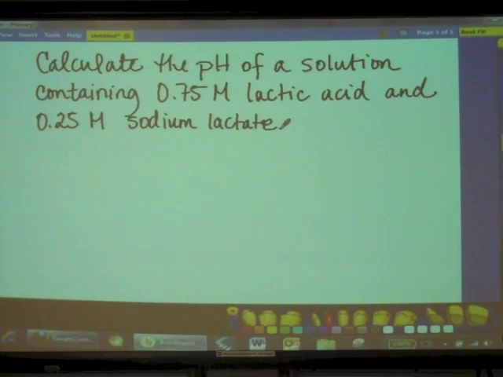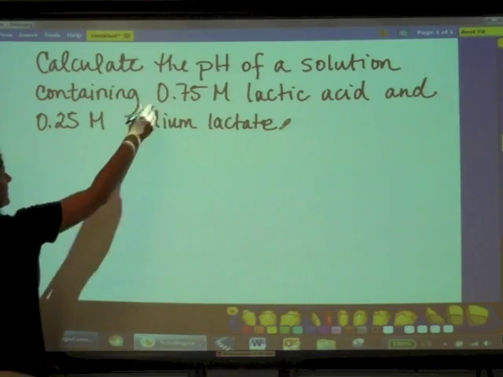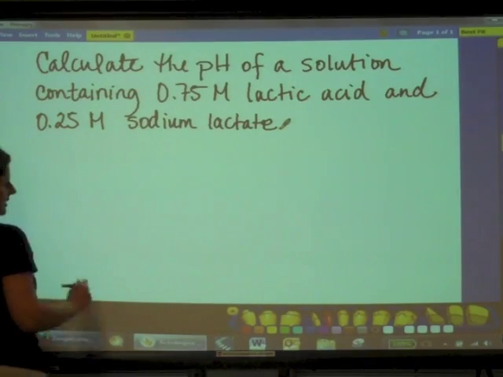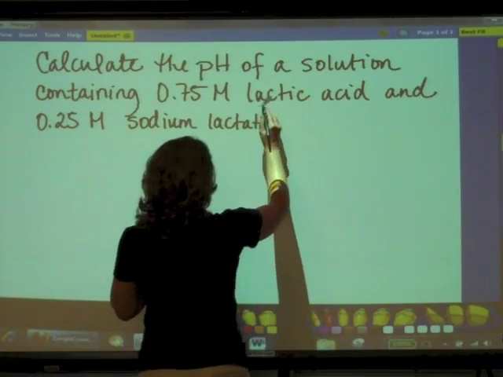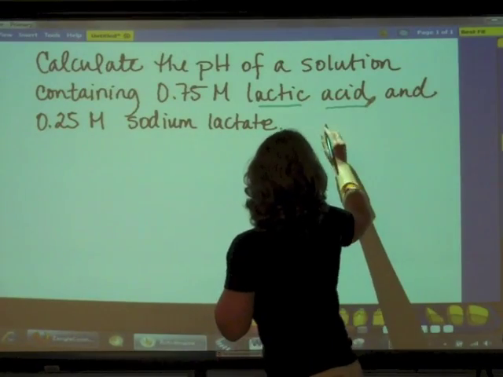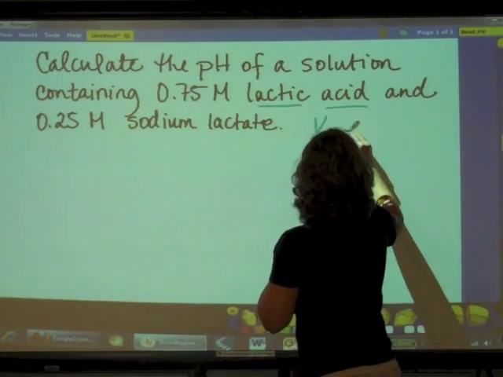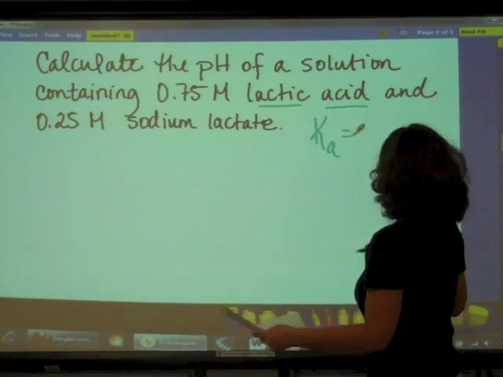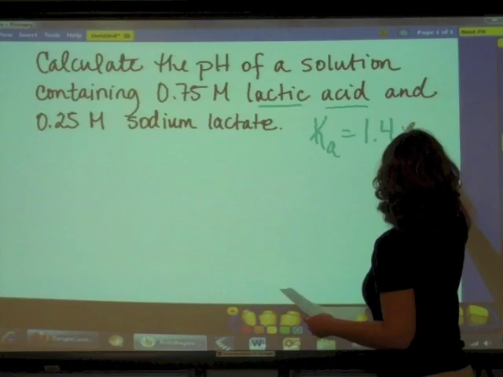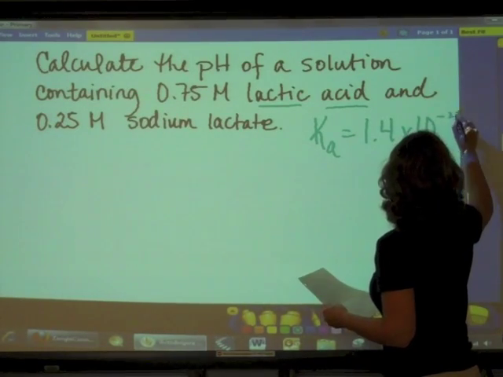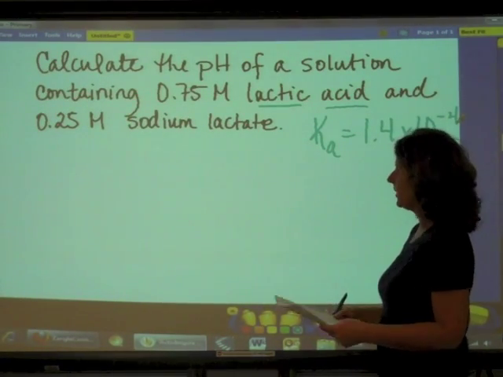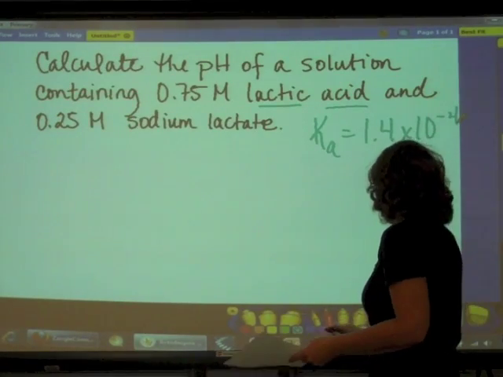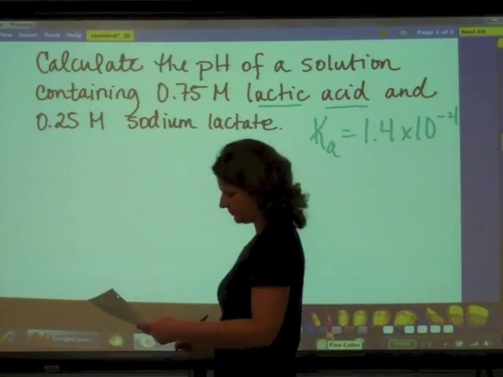All right, so let's see, we're given a couple of things in this problem. We're given the Ka of lactic acid. So the Ka, let's put it over here. Let's also write the formulas.